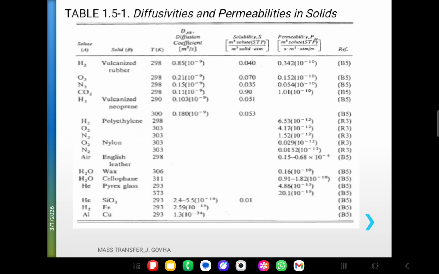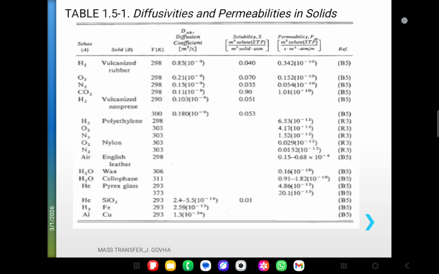So that's diffusivity data, and we're looking for data for oxygen, where we have permeability there.